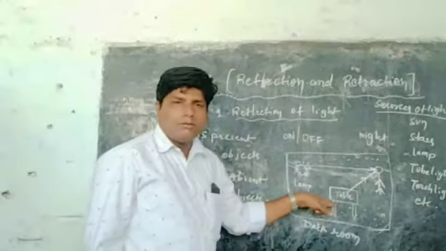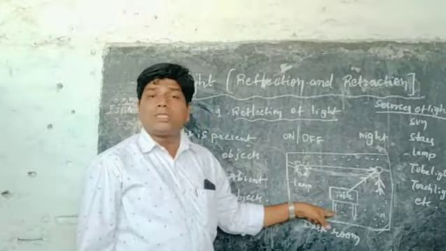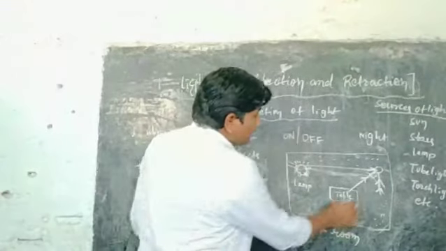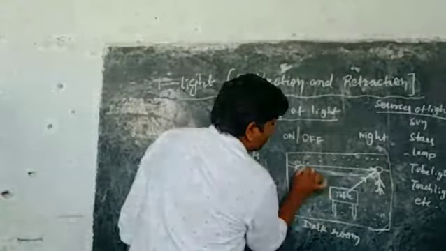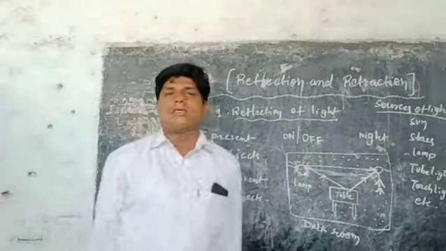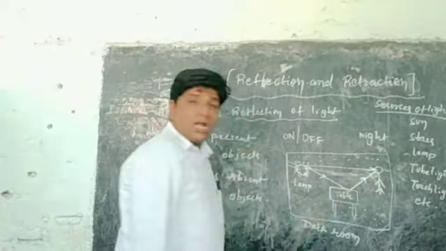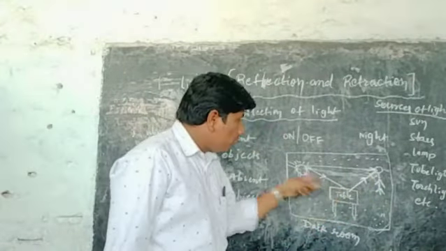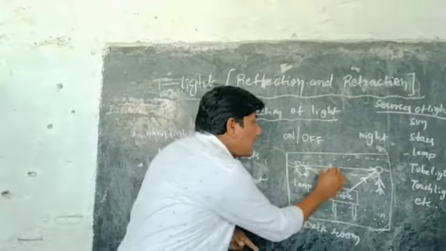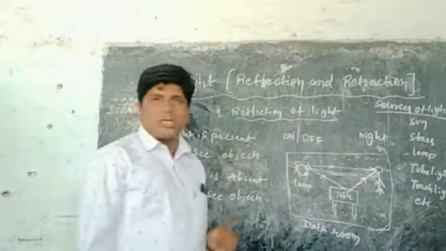But the table is non-luminous, it is not giving its own light, it is receiving the light from the lamp and reflecting it to this person's eyes. It is reflected light, it is not the original light of the table. This is the original light of the lamp, directly it reaches his eyes, he is able to see the lamp.